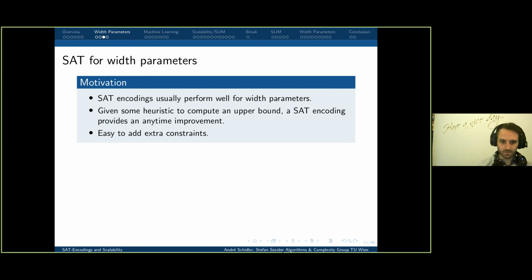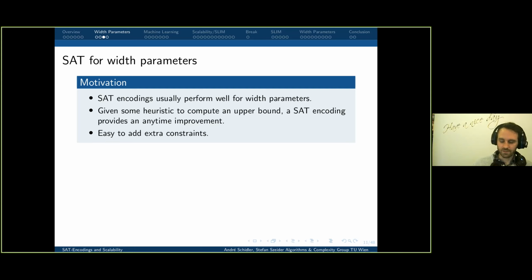And then coming back to what I said previously, it's easy to add extra constraints. We had a talk at my university in the PhD seminar last week where a colleague was working on constraint satisfaction problem solving using hypertree decompositions. They were working on getting the decomposition part correct, because they don't only want decompositions that are very small.